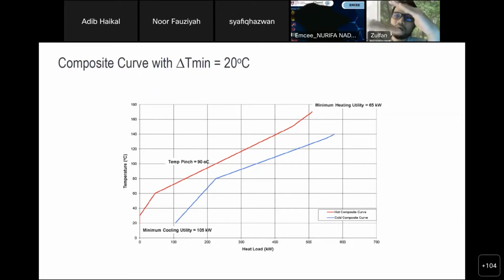If we put the cold composite curve below it like this, there will be a delta T that allows heat to be transferred from the higher temperature region to the lower temperature region. So you have an overlapping region where the heat can be transferred.